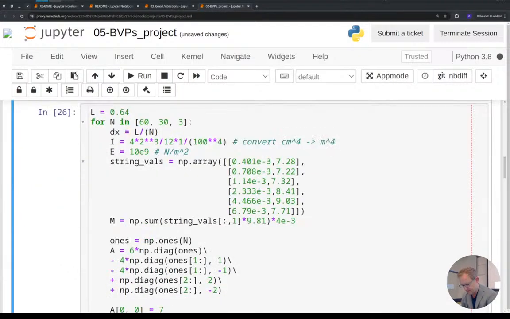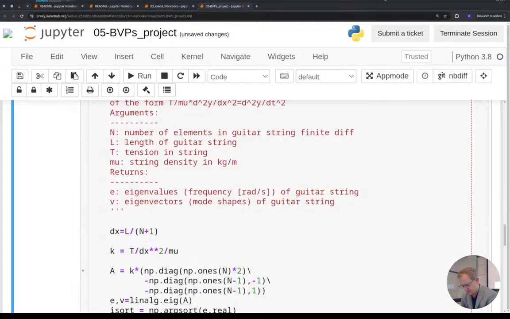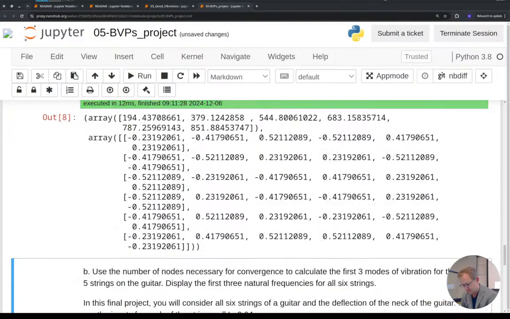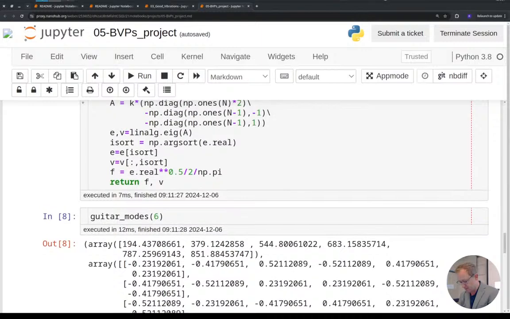Let's see. So I get these different natural frequencies with a 6x6 A matrix. Then there has to be 6 eigenvalues, which means we can solve for as many as 6 natural frequencies. So 194, 380, 544.